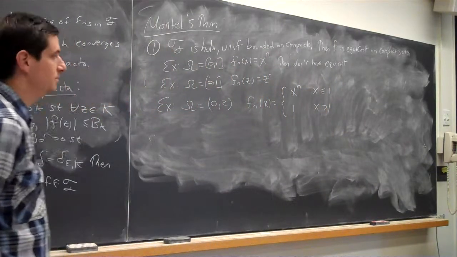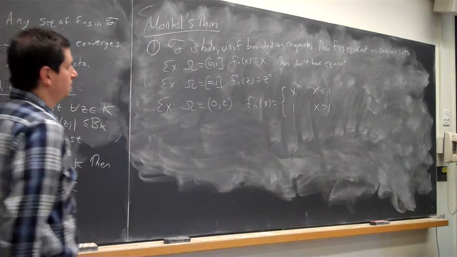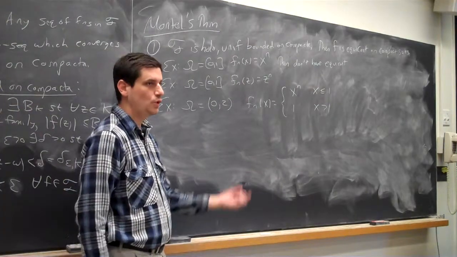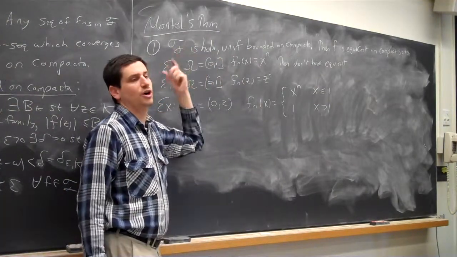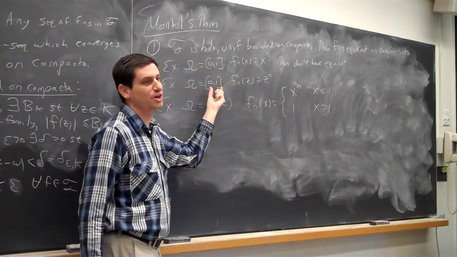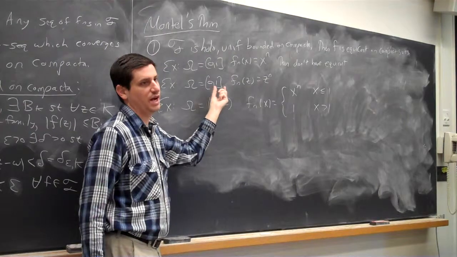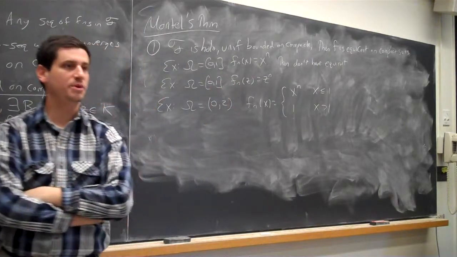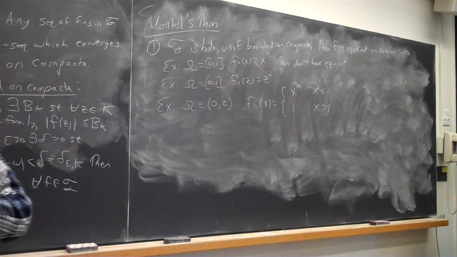Can you explain that one more time? Why can't we use this function? Well, we're always doing families defined on open sets, and [0,1] is not an open set. Oh, I see. Because it's an open set, but we want compact subsets of an open set. Right.